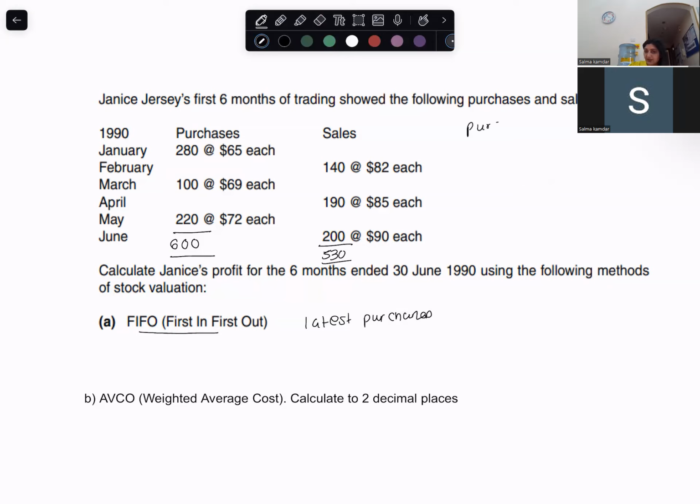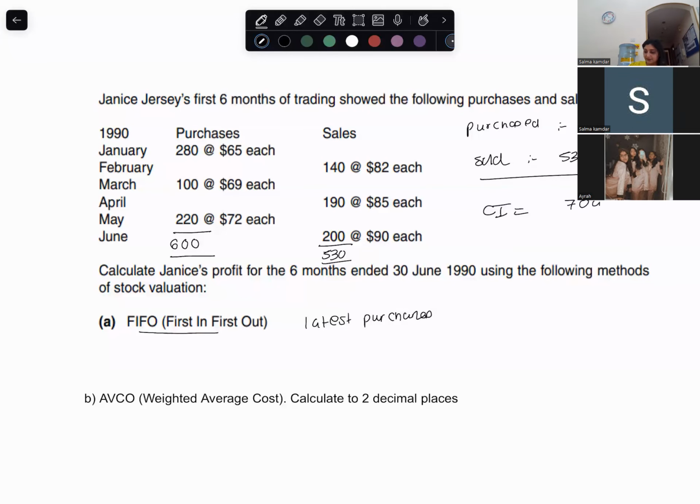So you have purchased 600 units and you have sold 530 units. So your closing inventory would be 70 units.